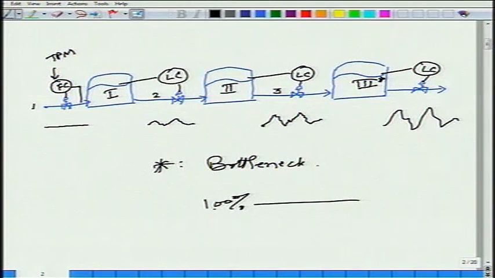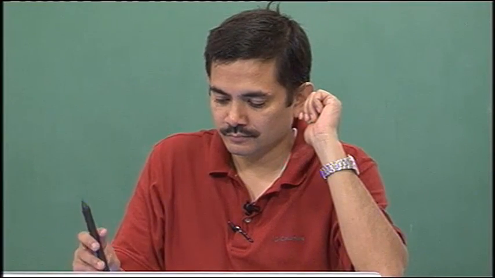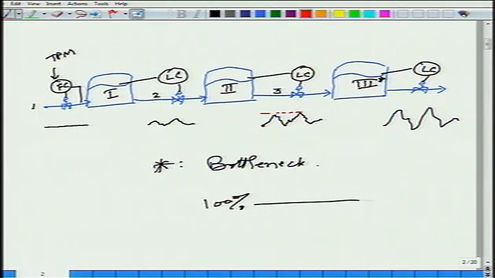What that means is the operator will keep increasing this throughput manipulator set point until what? Until the feed to unit 3 just hits your capacity limit. Yes or no? This is your capacity constraint that you cannot exceed.